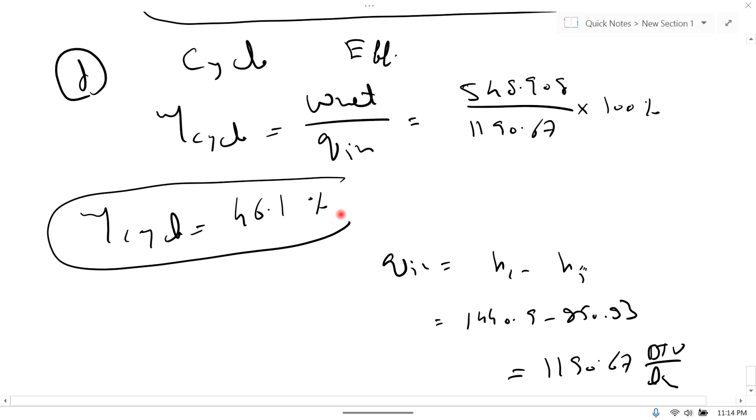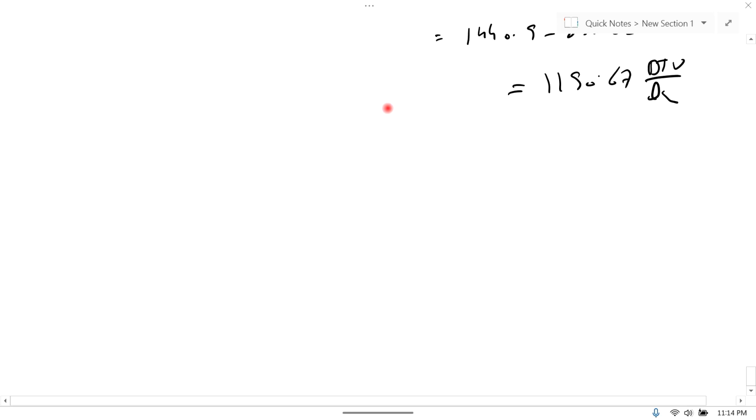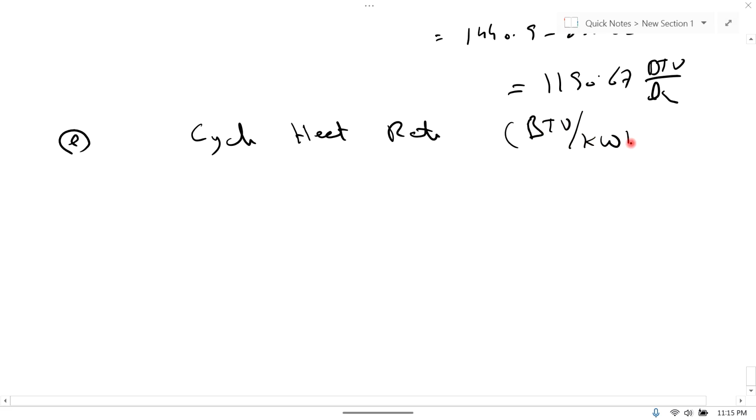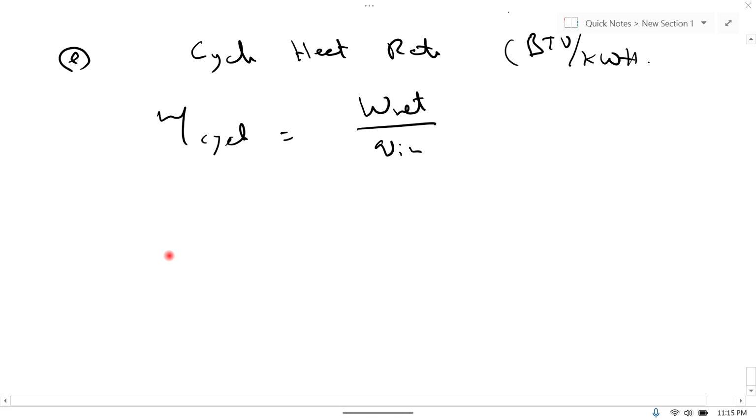Now we are solving the last part, part E. In part E, cycle heat rate is required in the unit of BTU per kilowatt hour. So we know that cycle efficiency is equal to net work divided by Qin.